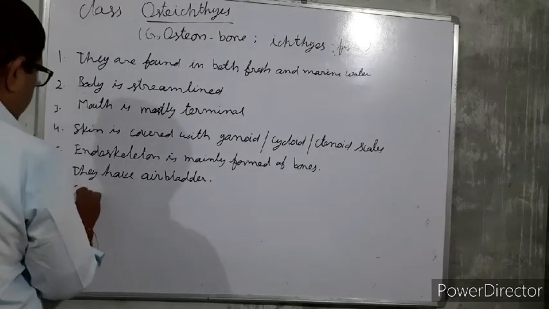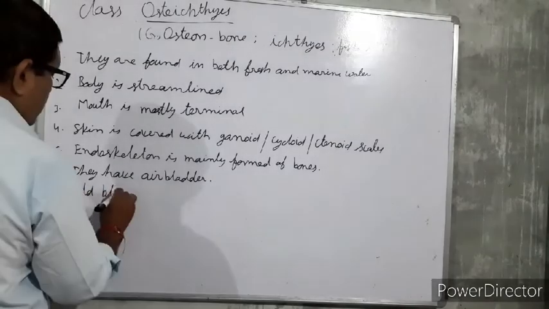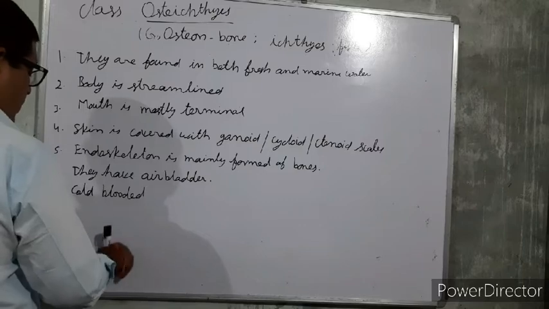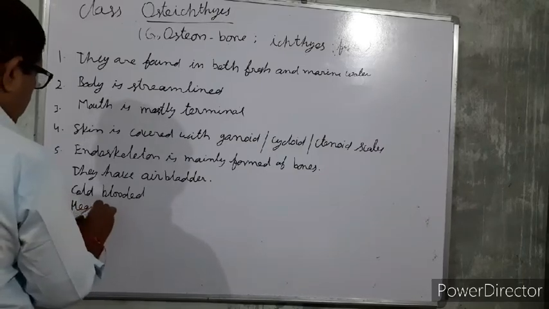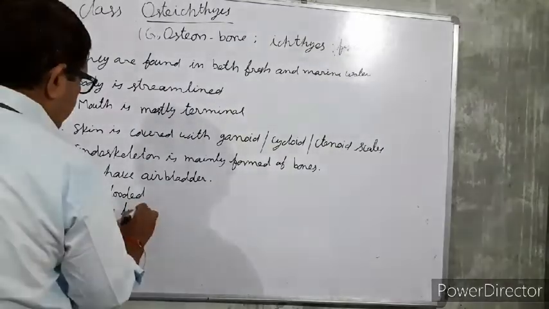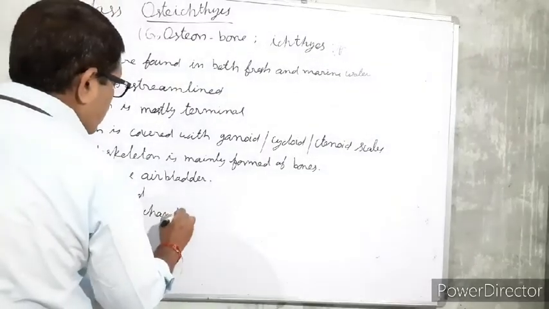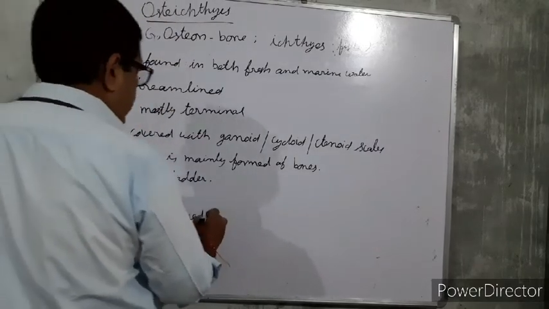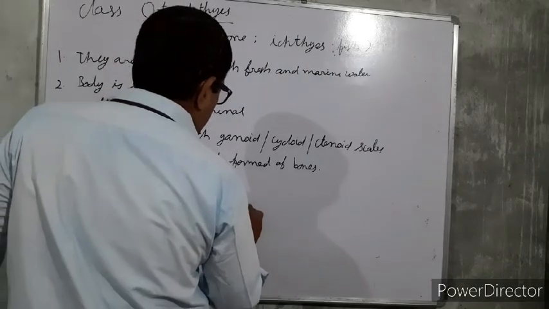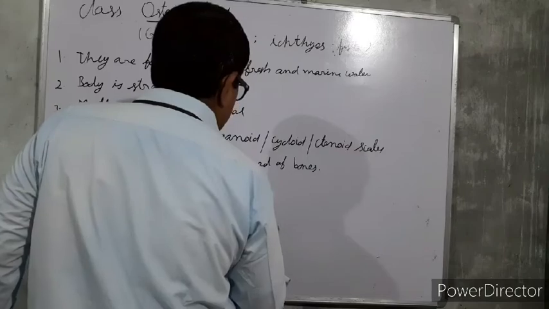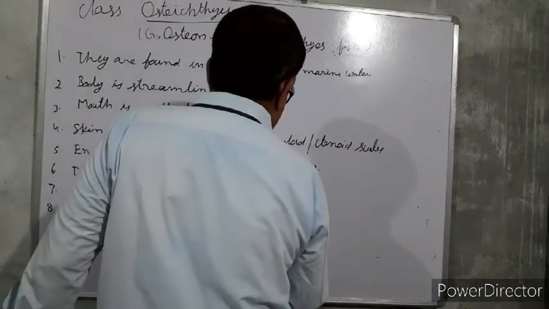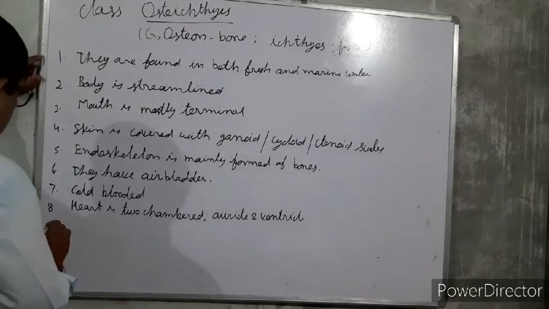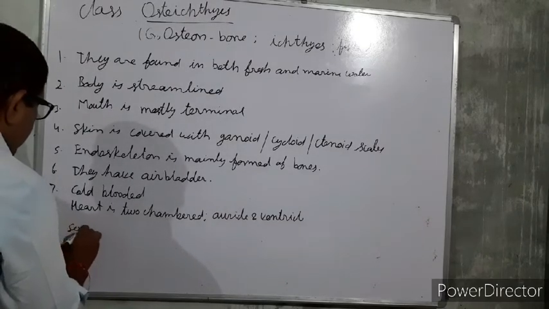These are cold-blooded. And the heart is two-chambered: auricle and ventricle.